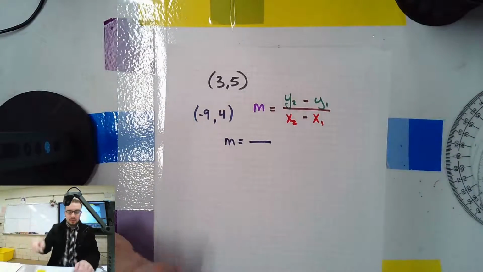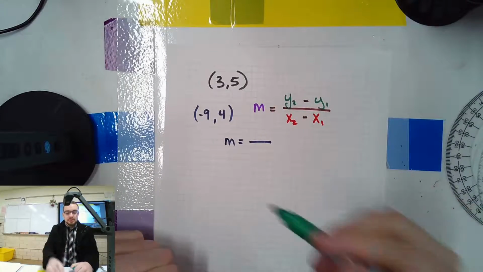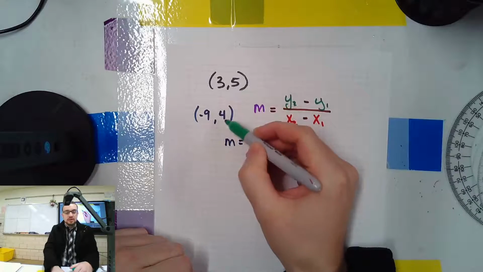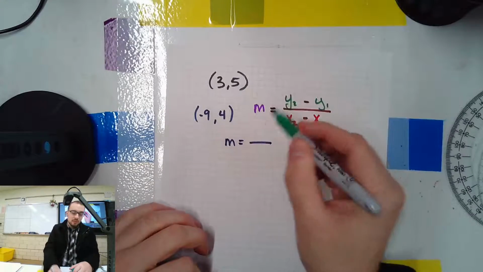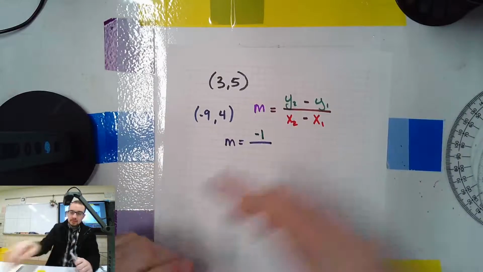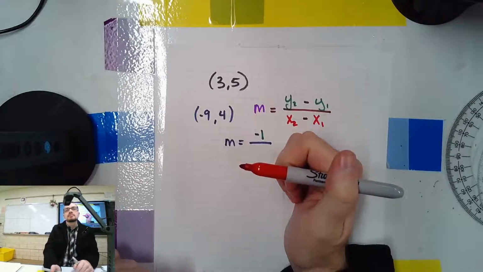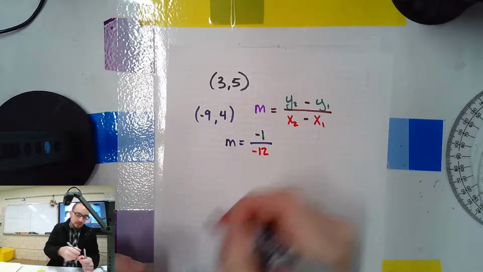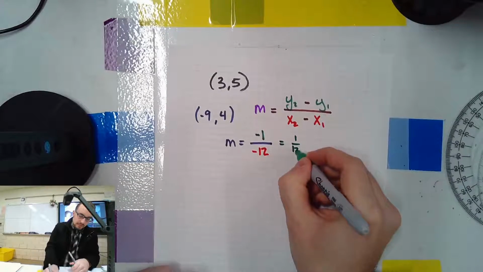What's the rise? Start here. What's 4 minus 5? -1. And what's -9 minus 3? -12. So we get 1/12.